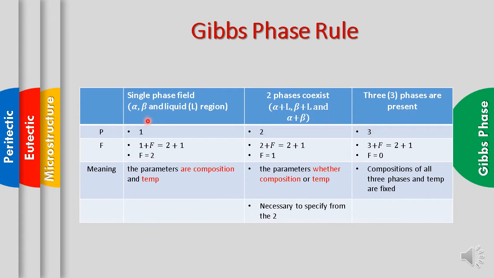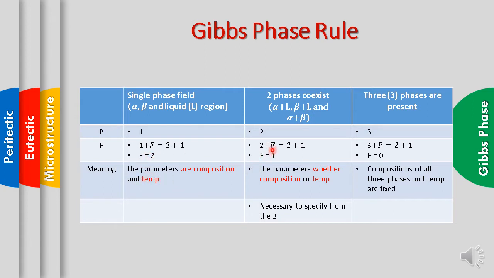So if we have this value, we substitute the value and we get the value of F. In this case, for single phase, we have F equal to 2, meaning we have parameters composition and temperature, which means composition is number 1 and temperature is 2. F equal to 2.